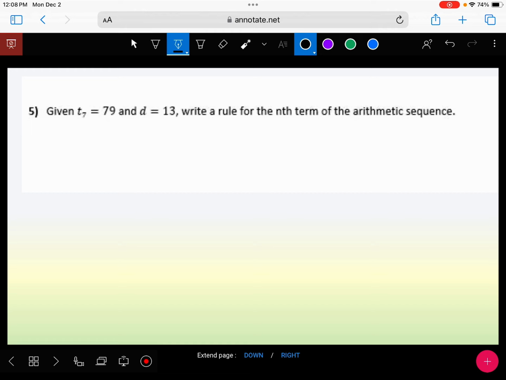Can we just do 7 times 13 and subtract that from 79? Well, you try it and see if that works.